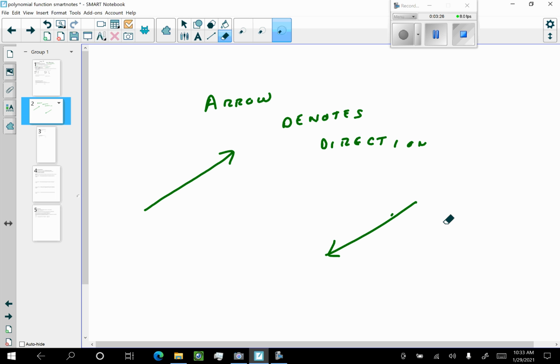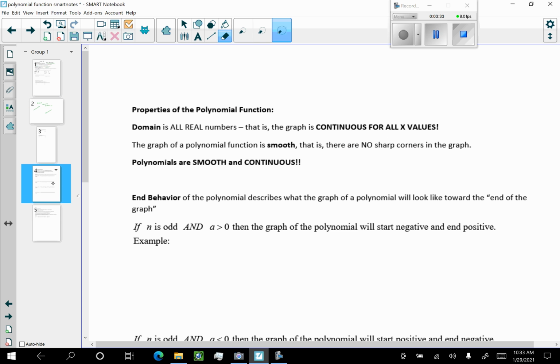All right, let's jump into end behavior then. Here are some very important properties of the polynomial function. The domain is all real numbers. This is going to be very important. The domain is all real numbers. And the graph is continuous for all x values.